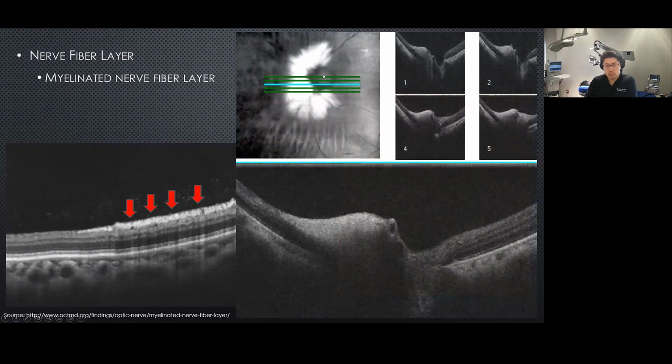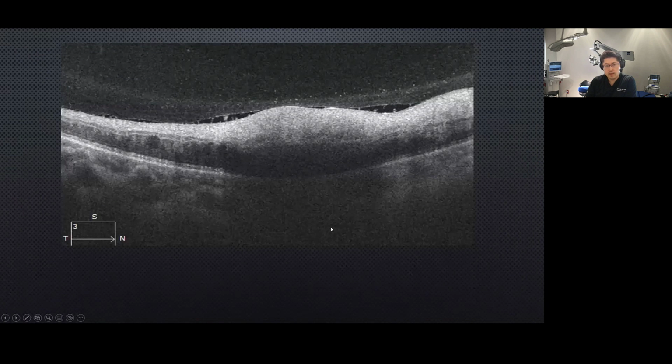Similarly, with myelination of the nerve fiber layer at the optic nerve head, it's the same. You get this thickening and hyperreflective band over the nerve fiber layer. Here's another example of nerve fiber layer whitening. What we see is a hyaloid face, which indicates that this patient is relatively young, with the presence of these hyperreflective dots.